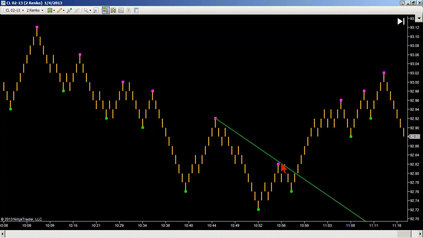So when this bar formed, this dot was placed. So you can then put in this trend line, because this dot is in here long before this bar is produced. So we put in this green trend line here.